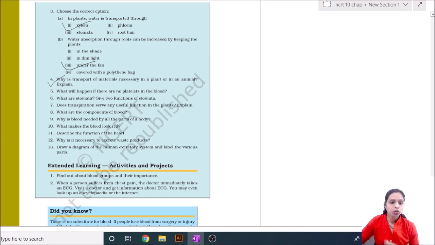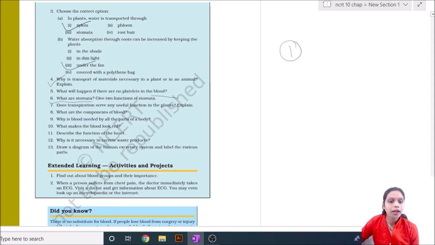Next question: what will happen if there are no platelets in our blood? You know that platelets clot the blood. If platelets are not available, then your blood will keep going out continuously from your body, and that is very harmful for you.